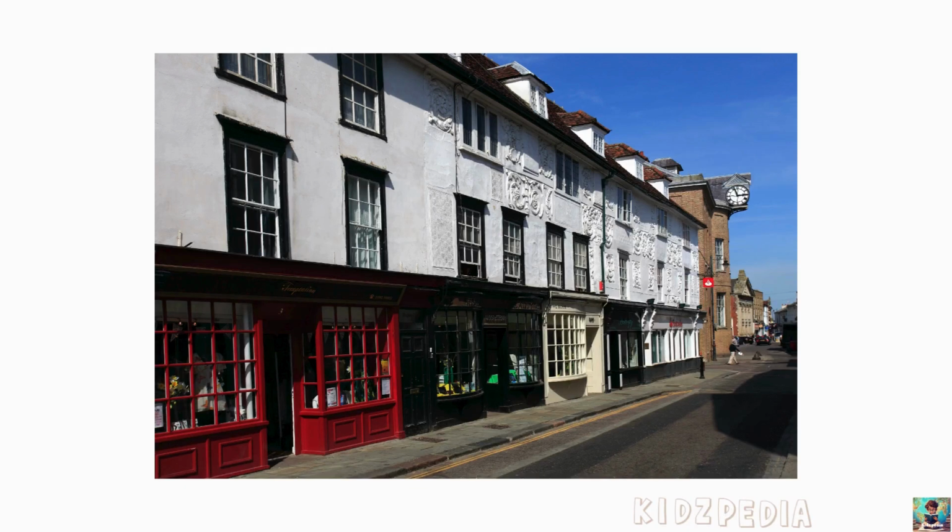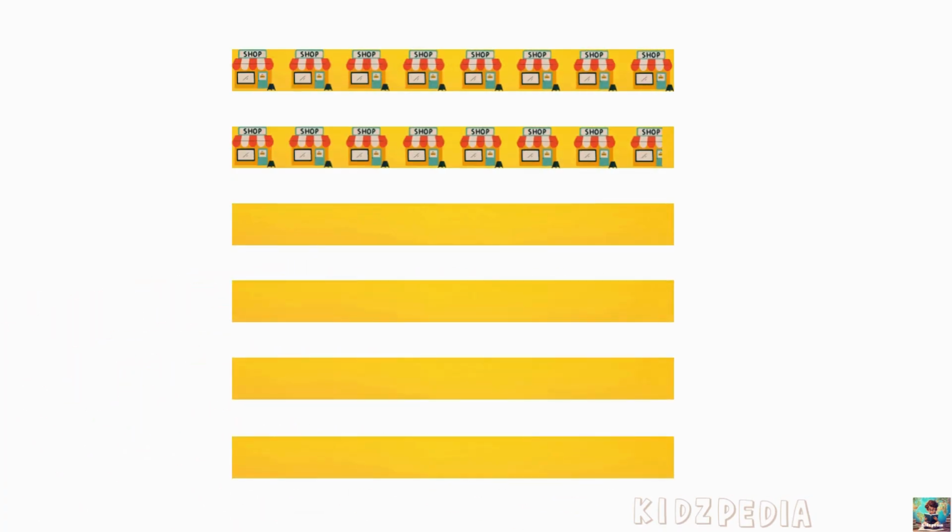Imagine you're in a big market. The market has rows of shops, like lines of shops going left to right. If you say, meet me at 6 p.m. at the 7th shop in the 5th row from the entrance, it means we need to find the 5th row from the entrance. Let's find the 5th row. The first row is closest to where you enter.